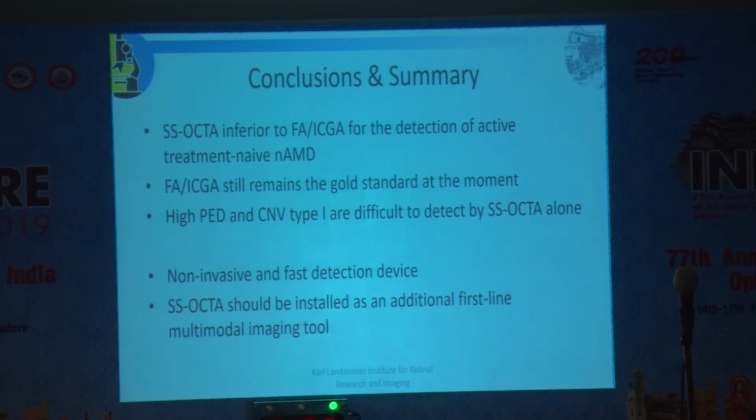High PED and CNV type 1 are difficult to detect by swept-source OCTA alone. Nevertheless, it's a very nice, non-invasive and fast detection device, and it should definitely be installed as a first-line tool in multimodal imaging.